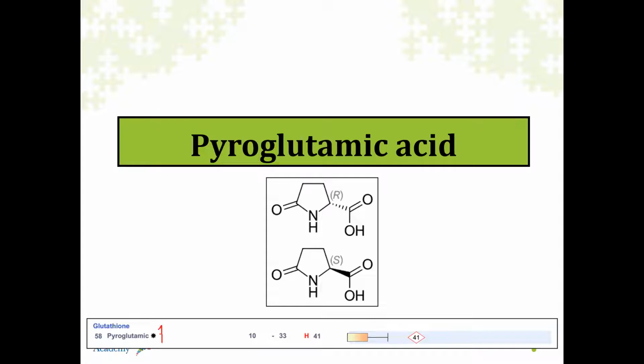When pyroglutamic is elevated, like we see here above the second standard deviation line, it gets wrapped in a red diamond, as any of these markers on the OAT do when high. That indicates that glutathione is deficient. So elevations of pyroglutamic indicate a glutathione deficiency.